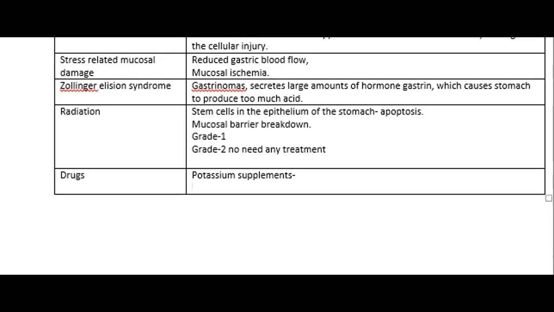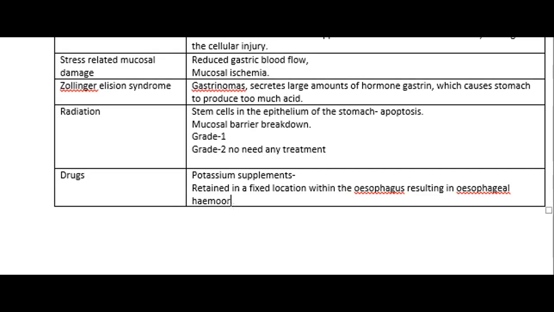The potassium chloride in some of its solid forms may be retained in a fixed location within the esophagus, resulting in esophageal hemorrhage.